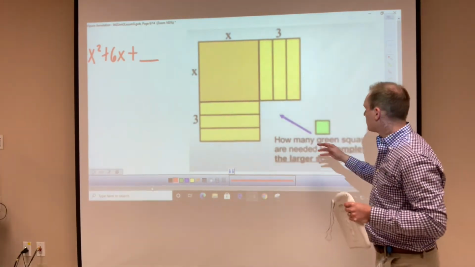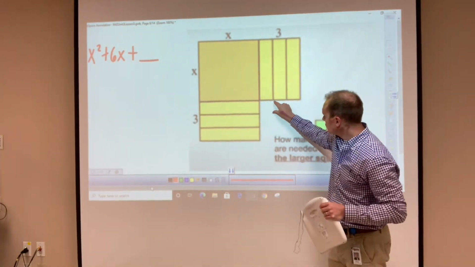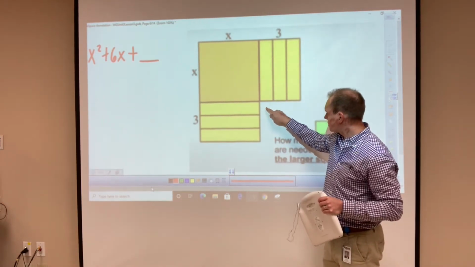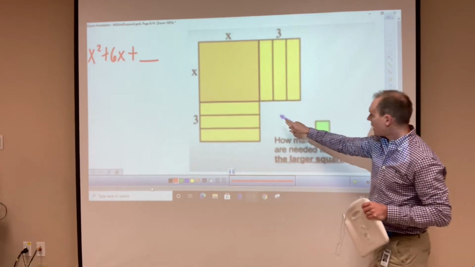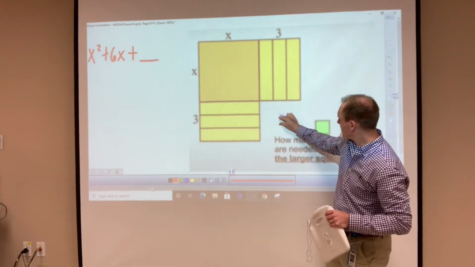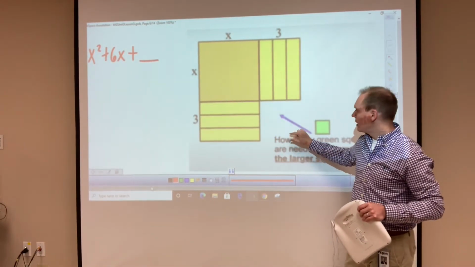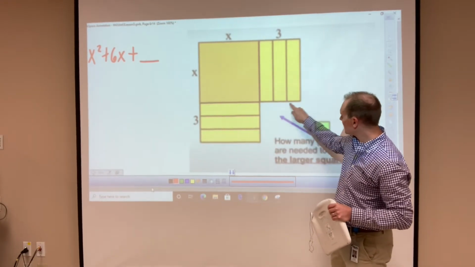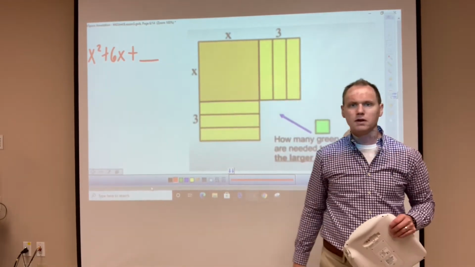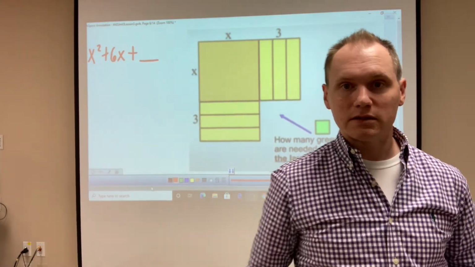Okay? So what we're going to think about is how many unit tiles, how many green squares, each a 1 by 1 square, would fit in here? And you're probably thinking, well, 3 times 3 would give us 9 of those squares that would fit in there. And that's exactly right.